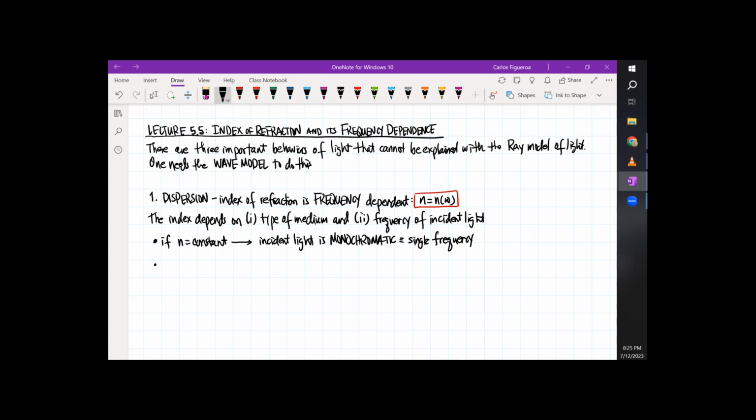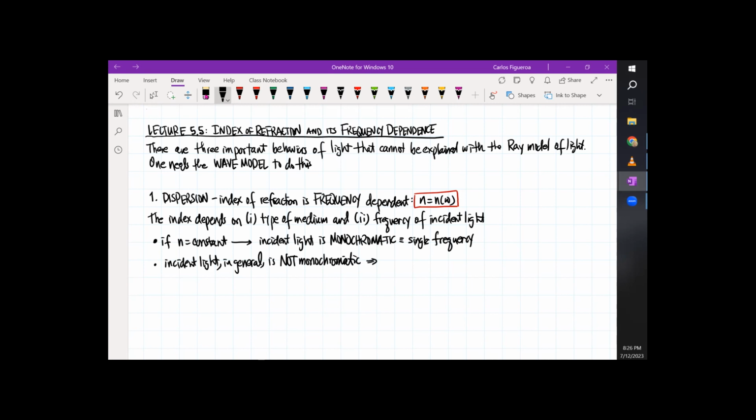So incident light in general is not monochromatic, but chromatic.